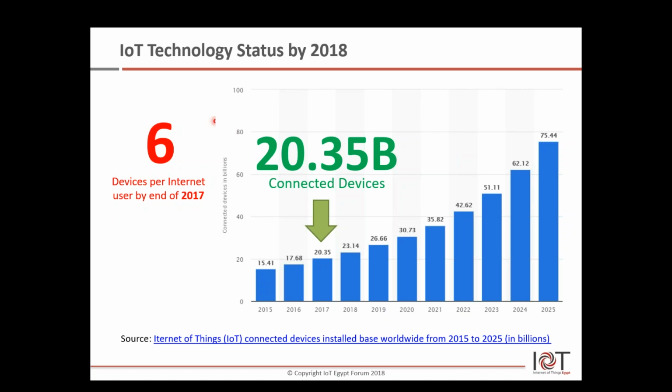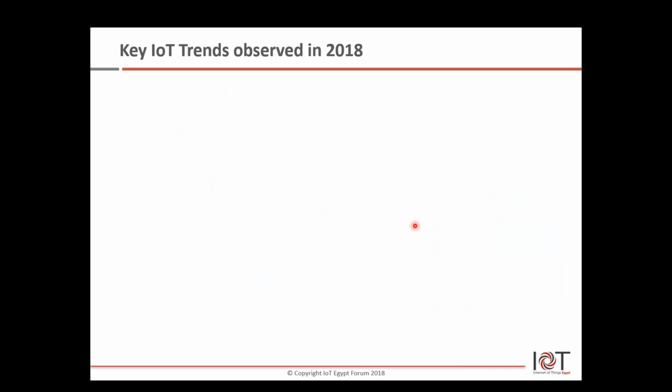So given that number and the expected growth of the IoT technology, we also need to identify the trends of the technology itself. The first thing is about fragmentation in standards and communication.